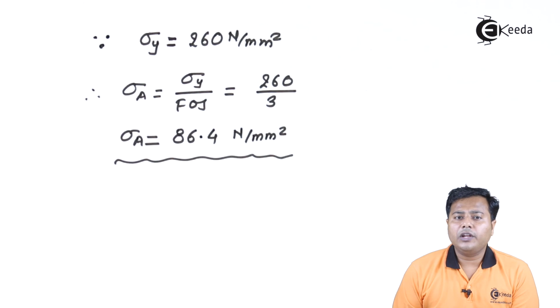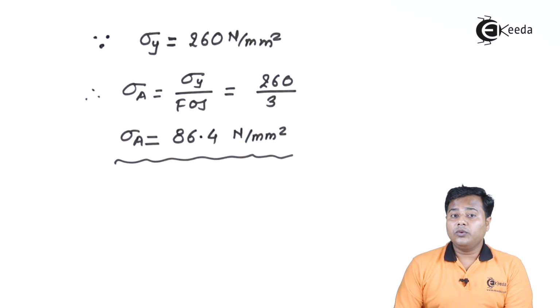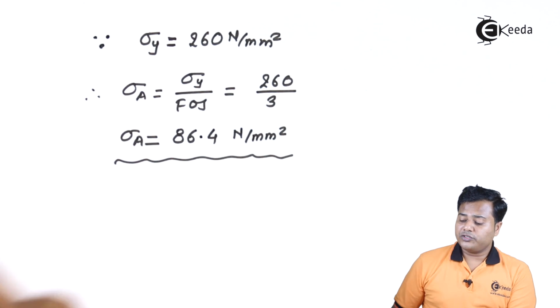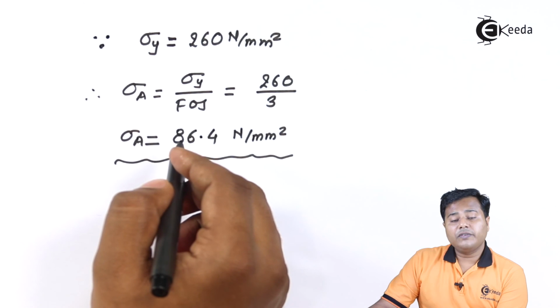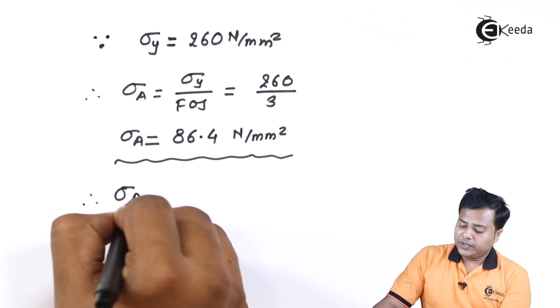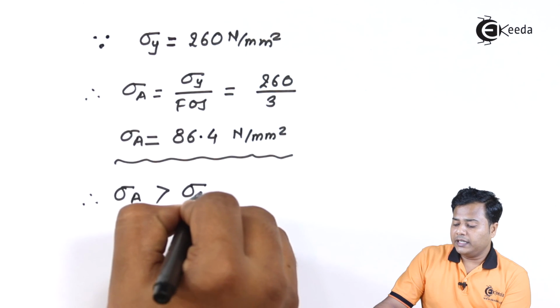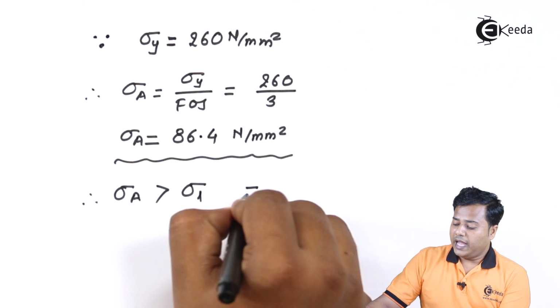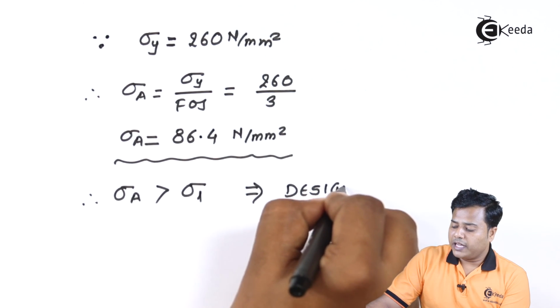This is the allowable value of stress that can be induced in the given material. According to the principal stress theory, the maximum principal stress actually induced in this body is somewhere around 50.43 Newton per millimeter square. So we can say that the allowable value of stress is greater than the principal stress, and hence the design is safe in my case.